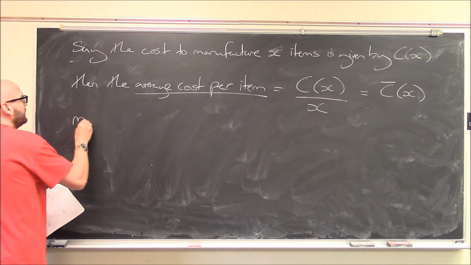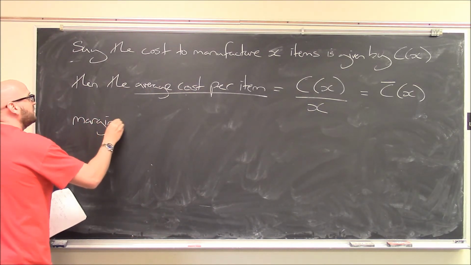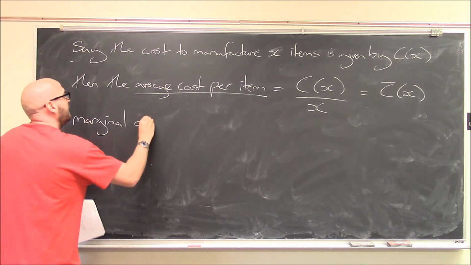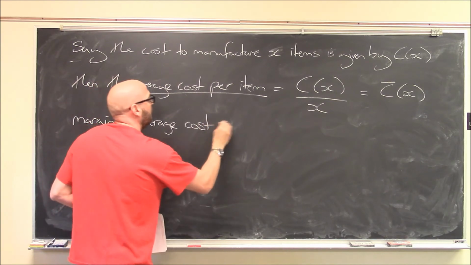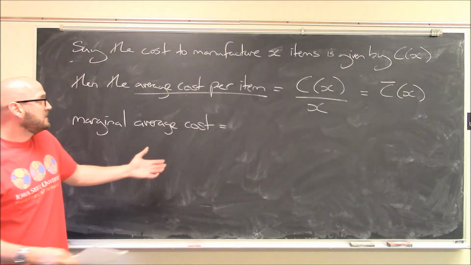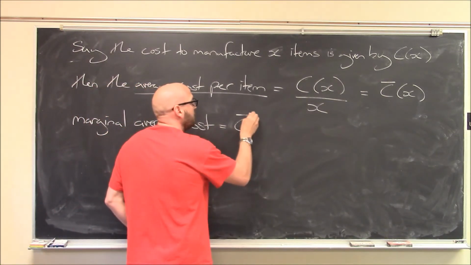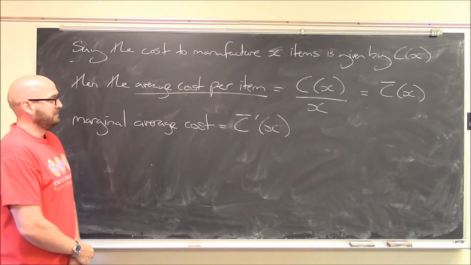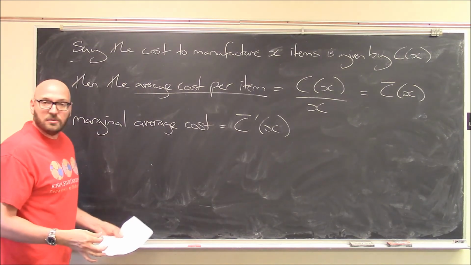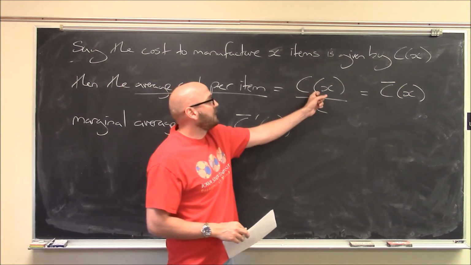Well then, what's our marginal average cost? Marginal average cost is the rate of change of the average cost, right? So it should be the derivative of C bar of X. And how does that relate to what we're doing? Well, remember, this is really what C bar is, right?